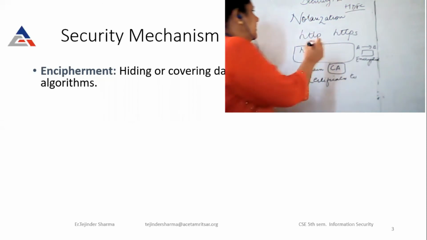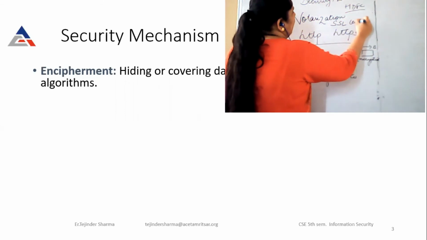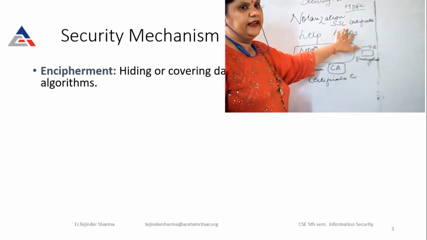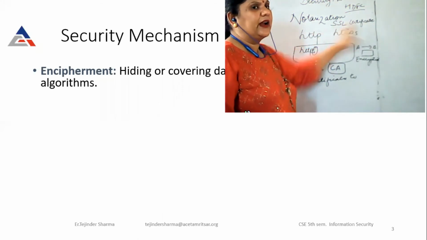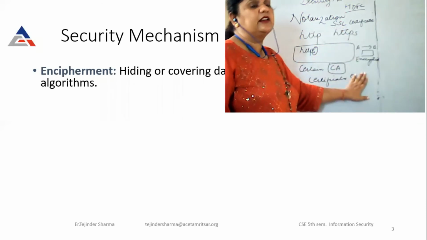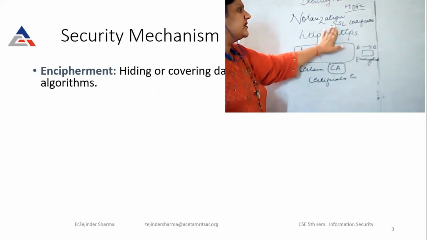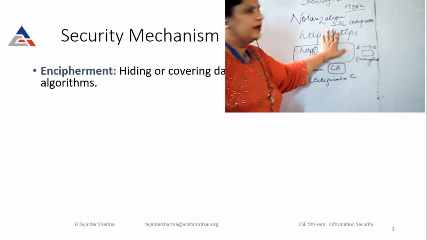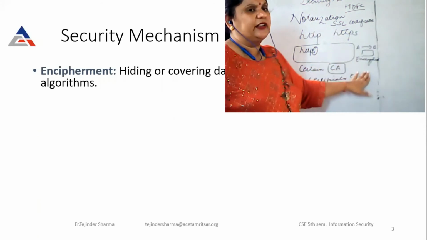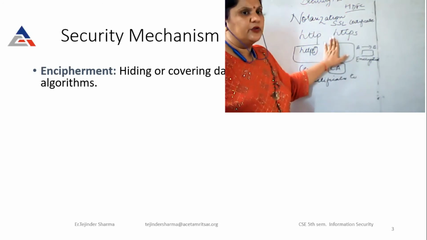And these certificates are called SSL certificates, Secure Socket Layer certificates, to ensure that your transaction will be carried over the transmission channel in encrypted form. So this is called notarization.